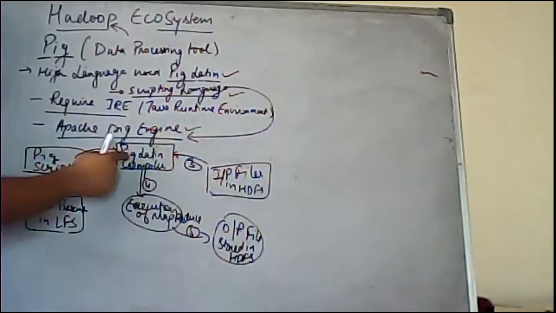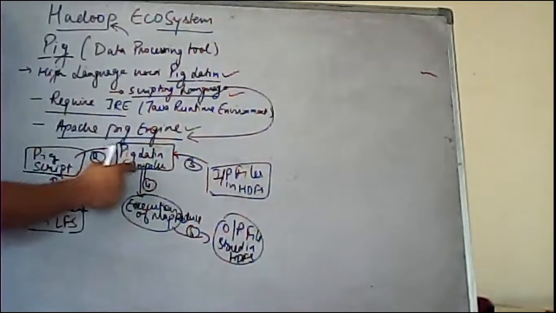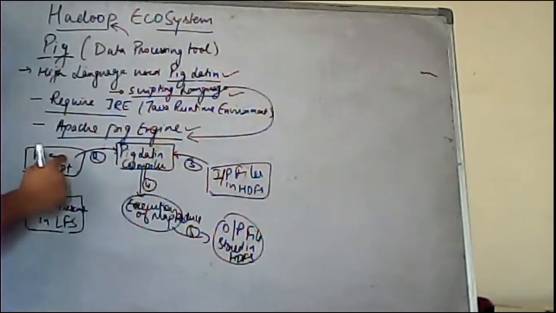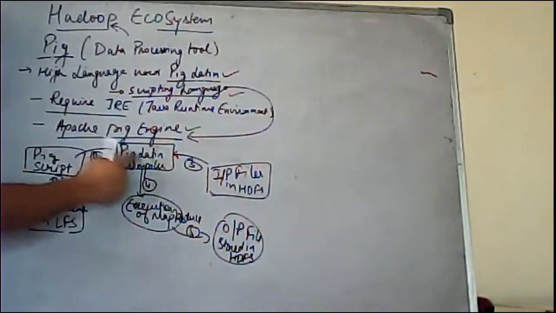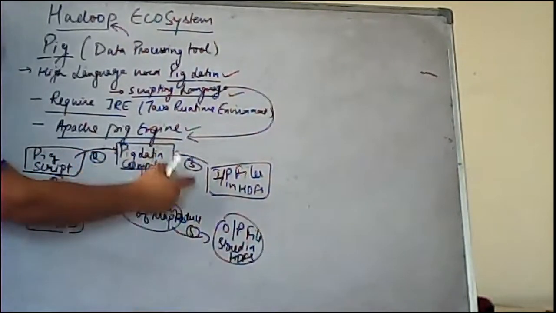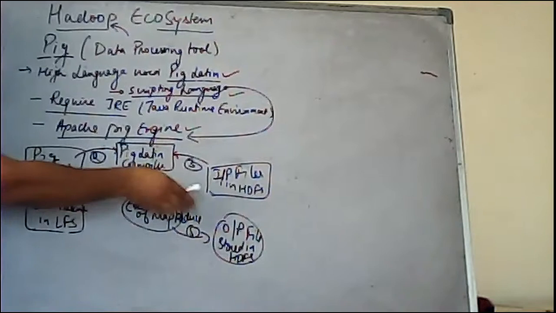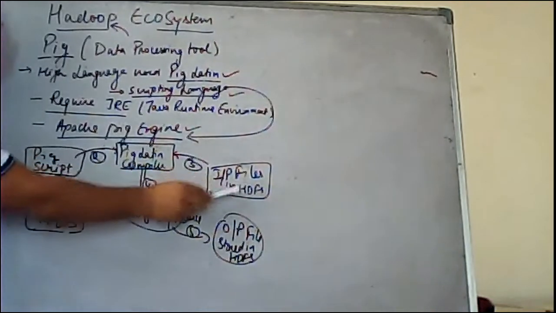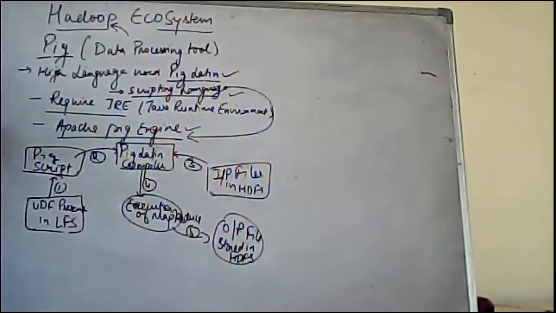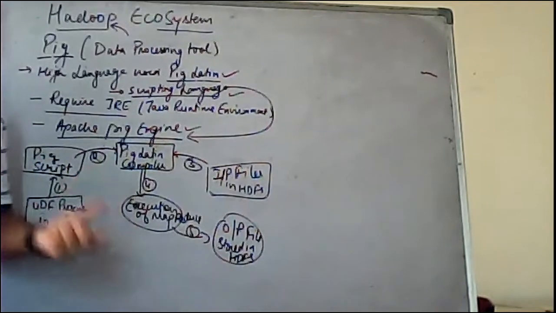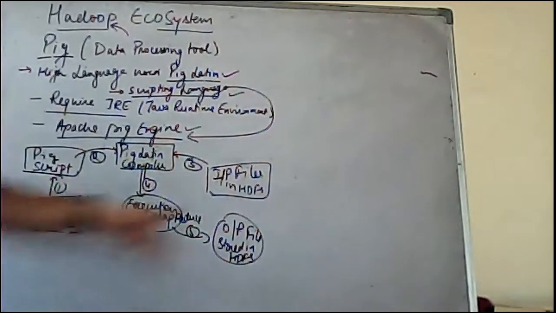Then it will be given to your pig Latin compiler. This is your second step, that is to give the pig script values to the pig Latin compiler, and there is also input from your input file in HDFS, the files that are stored in your Hadoop distributed file system.